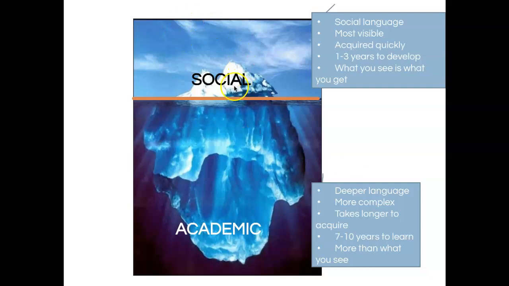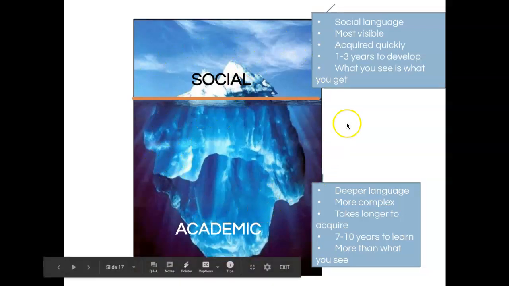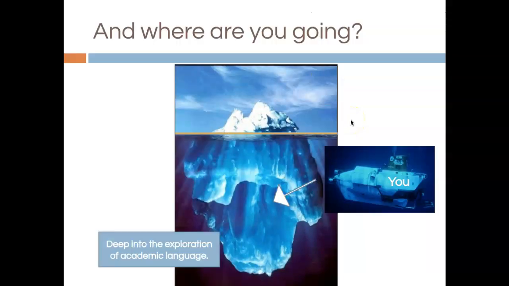So all of you in this class have social language completely. You're just working on some of this stuff underneath the iceberg. So this year you are taking a submarine into the deep sea to explore what academic language is. And I'm happy to be in there with the submarine with you.